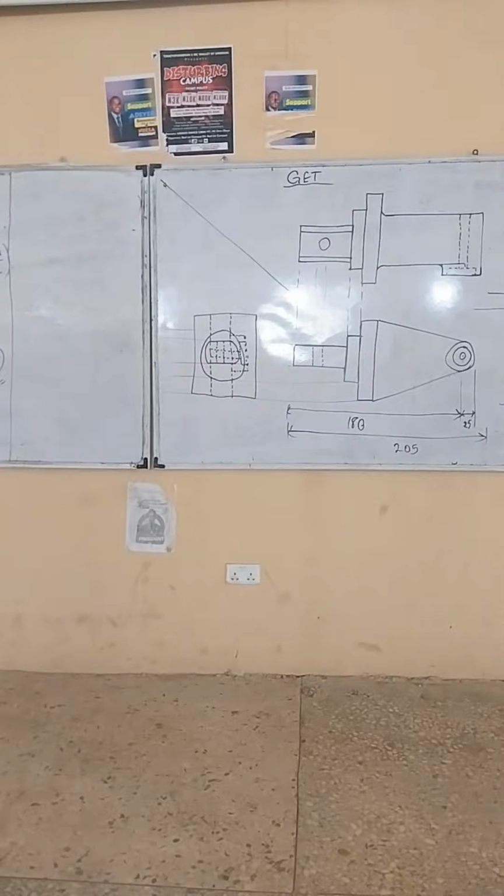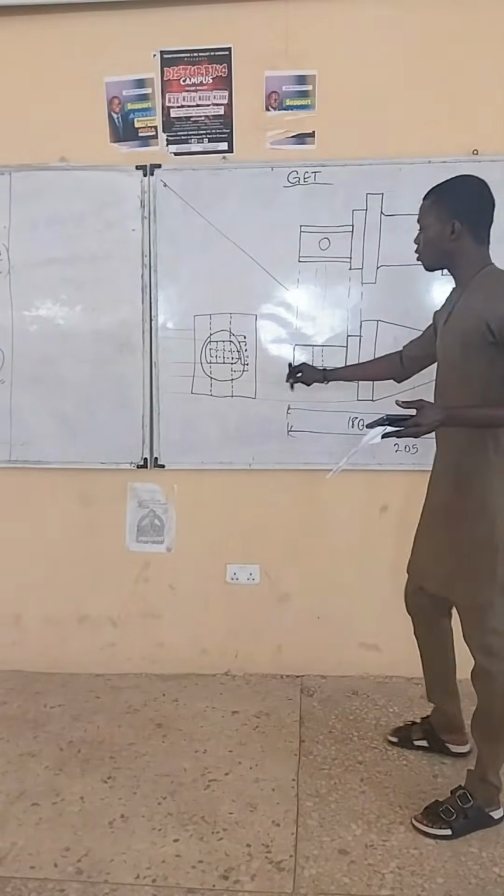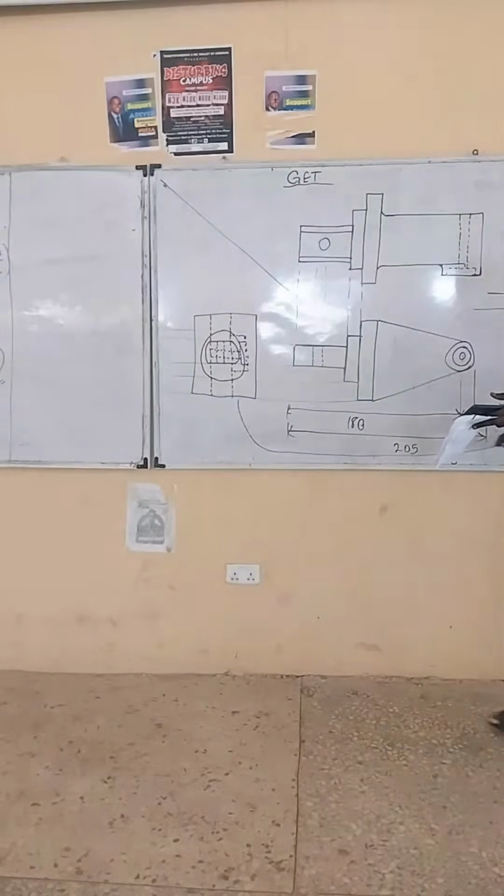Then the third statement says the end view is positioned to the right of the front elevation. So the only thing that changes is that instead of this one being here, where is it going to be? It will be here. Should I raise it and draw it again? Yes.